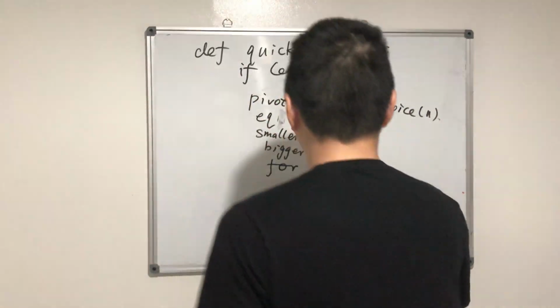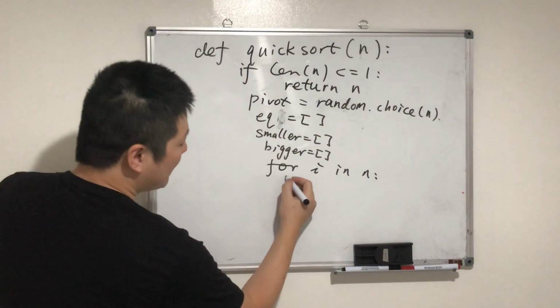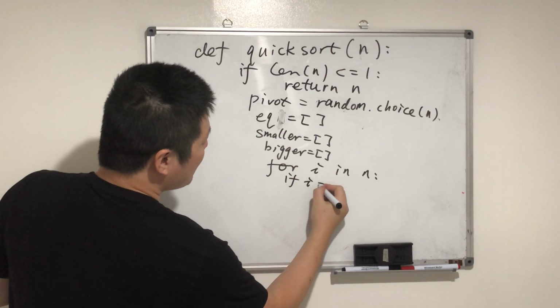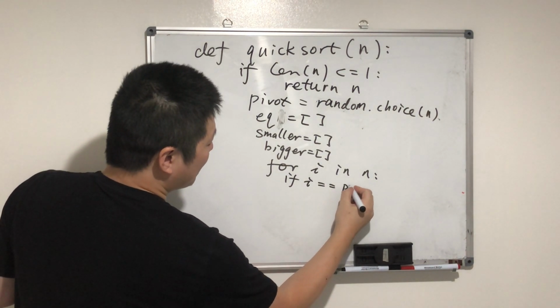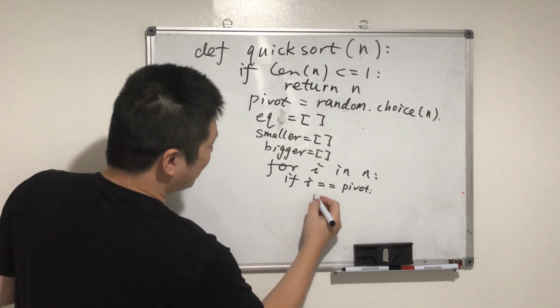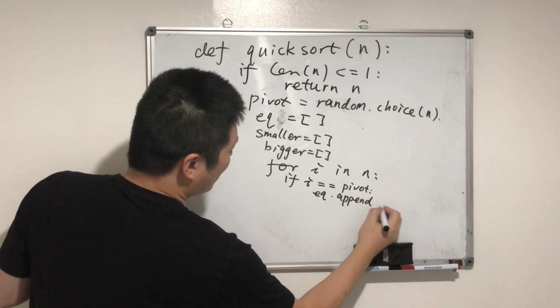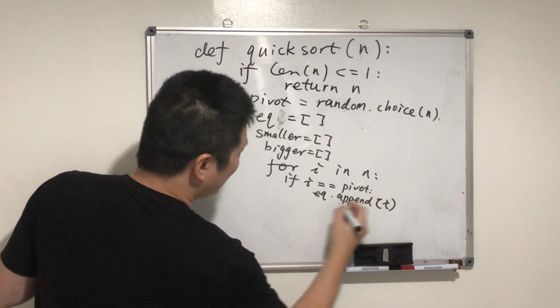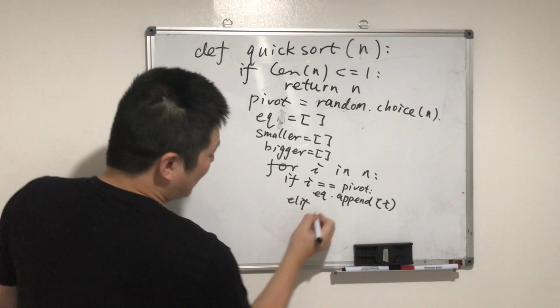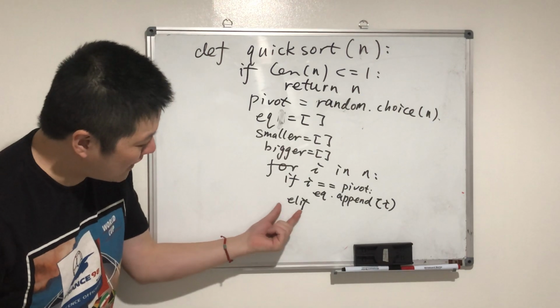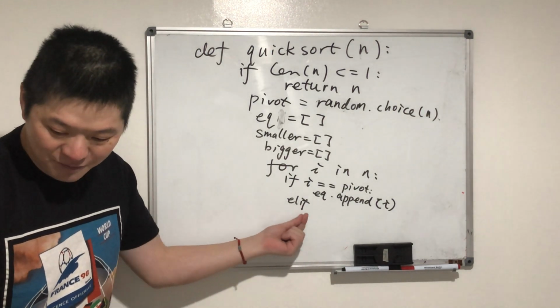And then what should we do now? If I is equal to pivot, then we push this pivot, append. Equal append I. Else if, we can shorten it as elif.